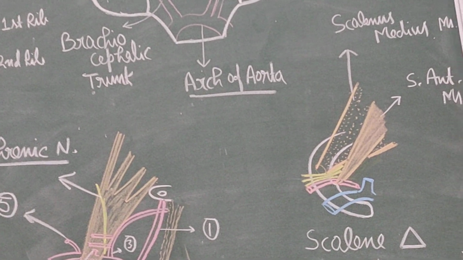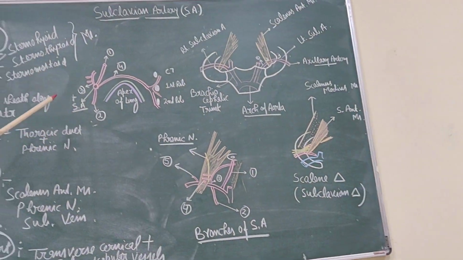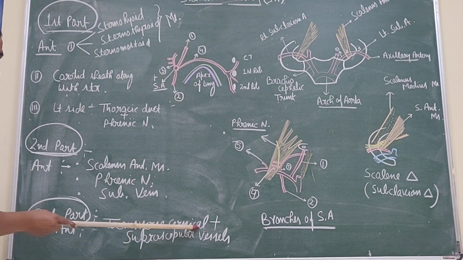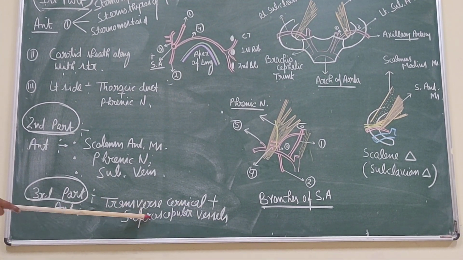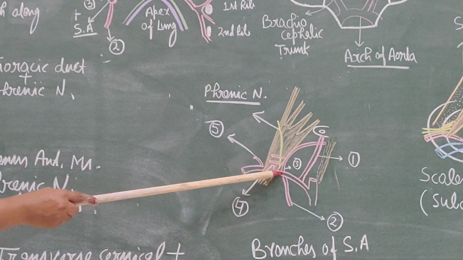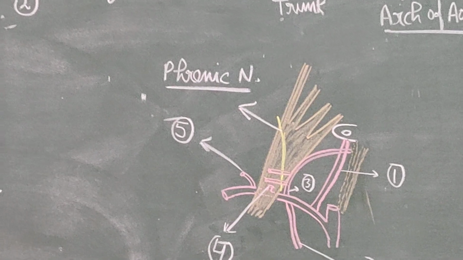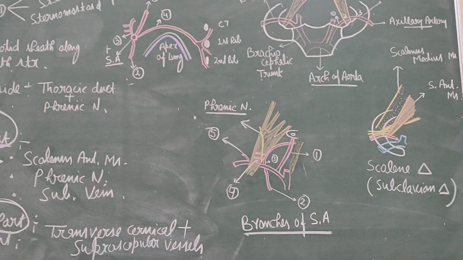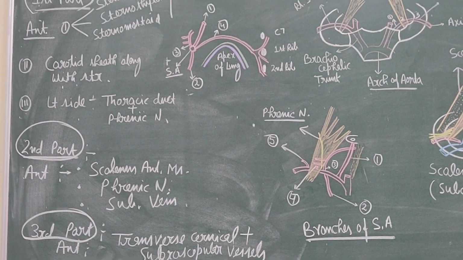Now the third part, which is present in the posterior triangle, is anteriorly related with the transverse cervical and the suprascapular vessels. These two are branches of the thyrocervical trunk. We will discuss later on. So these are the important anterior relations of the first, second and third parts.